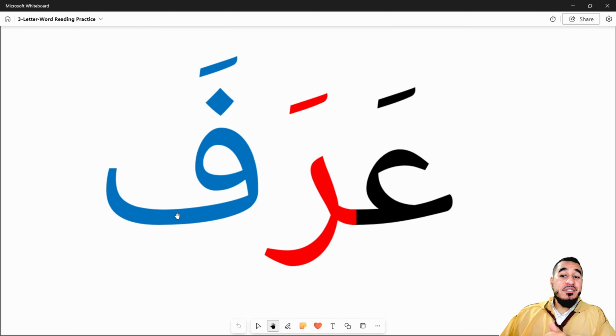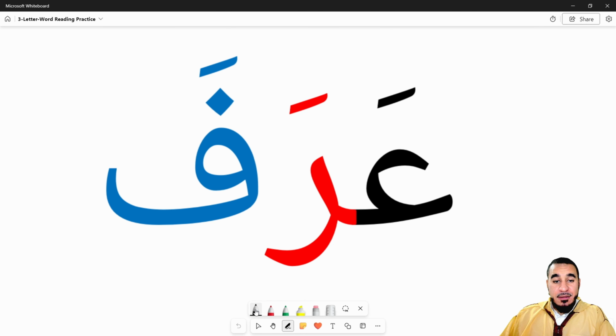So then the fa would take the form of when it's at the beginning of a word. But because there is no letter that comes after the fa, then it would take the shape of when it is a solo letter. Because if it was written as when it comes at the beginning of a word, for example, like this, then there would need to be another letter attached to it. It would need to be written in a way where the next letter can connect to it.